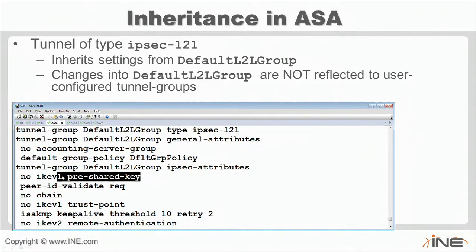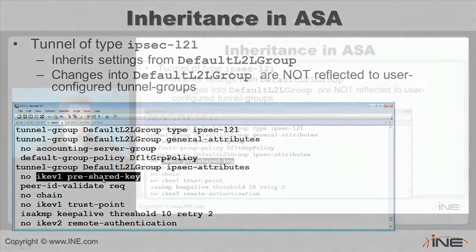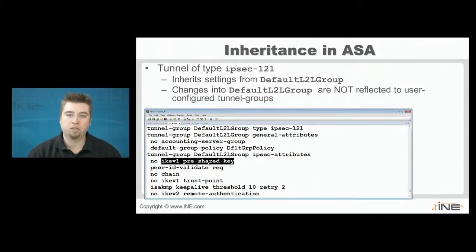So if I were to change this here in the default LAN to LAN group and said the default pre-shared key was Cisco, but then I configured a separate user-defined tunnel group, it would not inherit that individual password. So it's really only an issue when you have some sort of discrepancy between what is the default parameter and then what is the user-defined parameter.